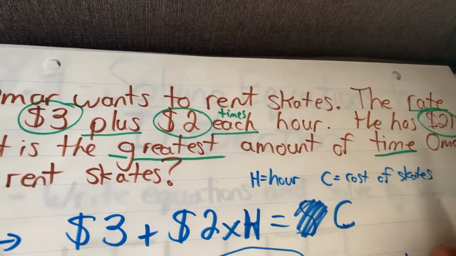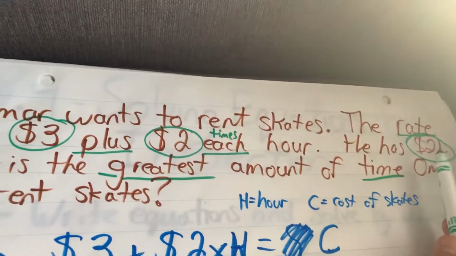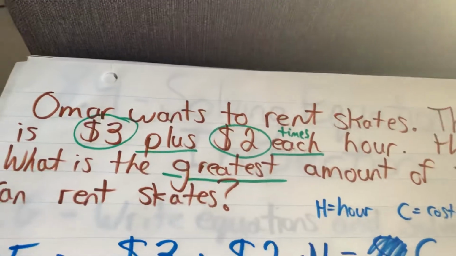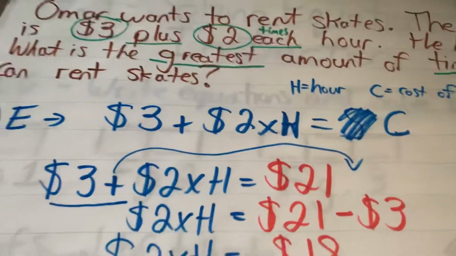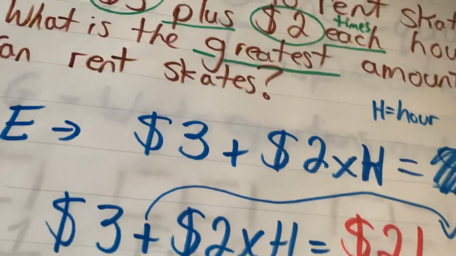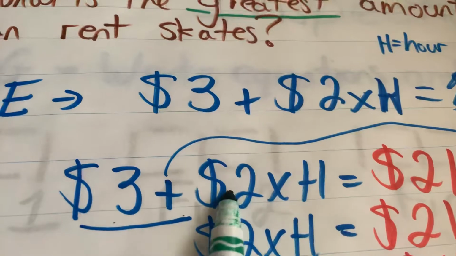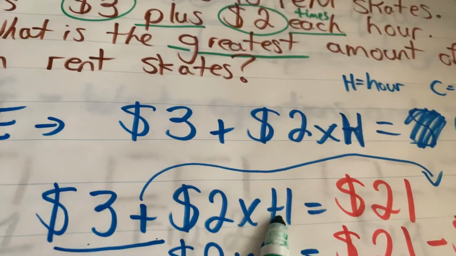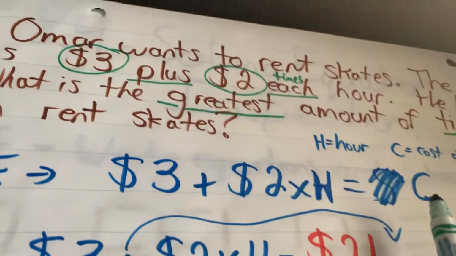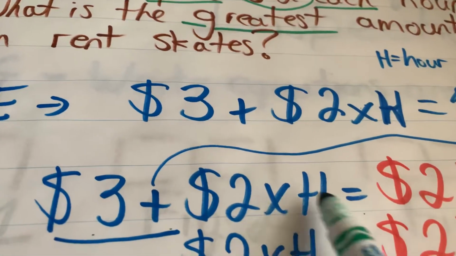Because this is the cost that Omar has. This is how much money he's going to spend. He just wants to know how much time he's getting. He's trying to get the H. So what we do is we rewrite the algebraic expression with what we know. 3 plus 2 times H, that doesn't change, equals, and instead of writing C, we write 21, because that's what we know. Now we need to get this H by itself.